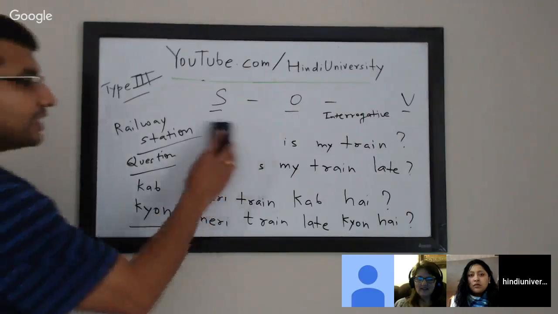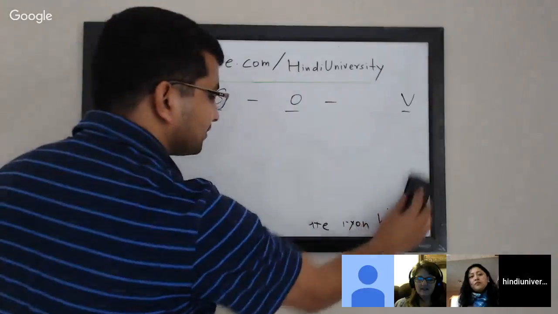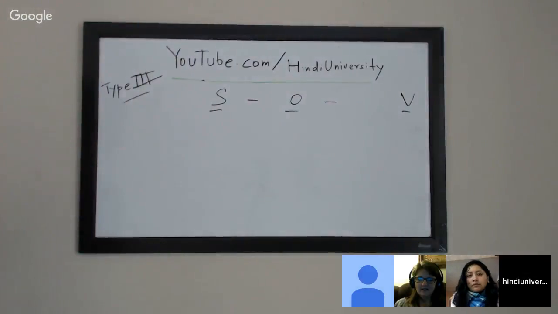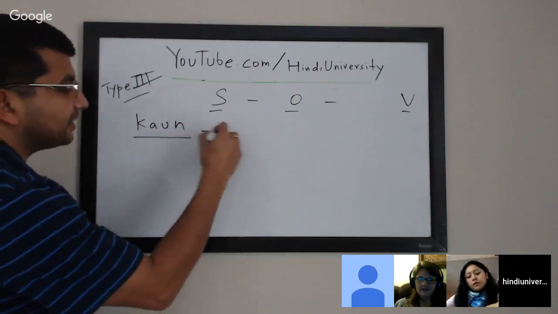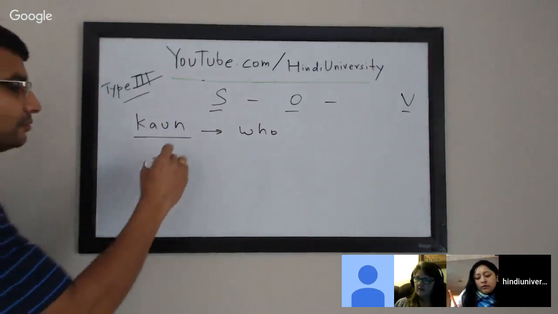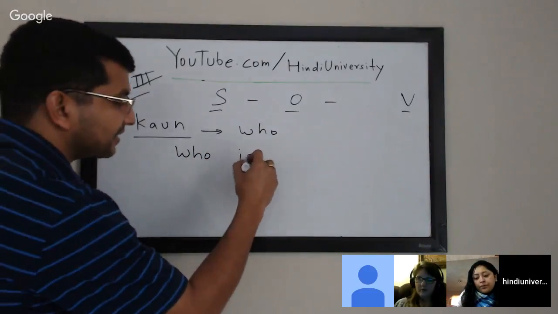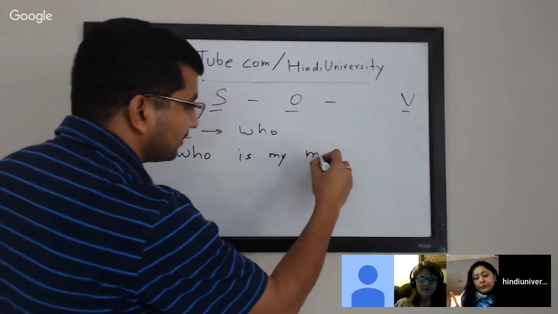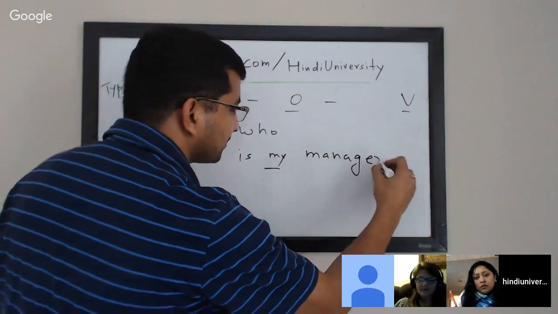Let's say you want to use more interrogatives. One more example that I have is kaun, right? So kaun is nothing but who. Who is the manager? Who is my manager, let's say, because we are talking about my throughout the class. So who is my manager?